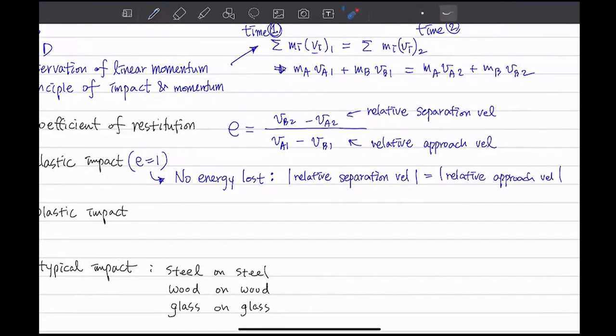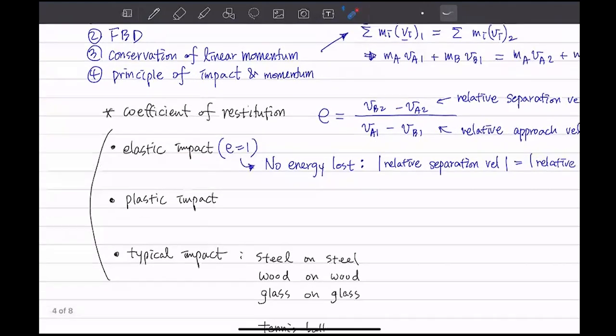So you don't lose any of the velocity terms when they separate from each other. See what I'm saying? When they're approaching each other, say that velocity was 10 meters per second, then when they bounce back and separate from each other, it's 10 meters per second as well. So there's no energy loss, and that is the perfect case, elastic impact.